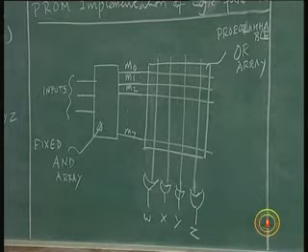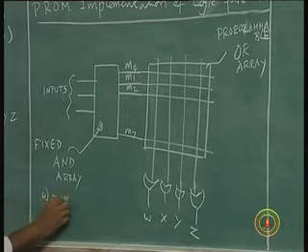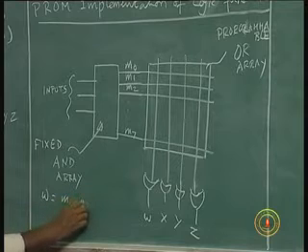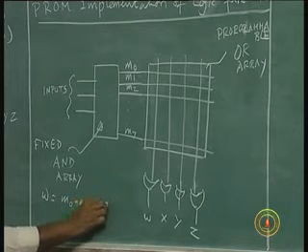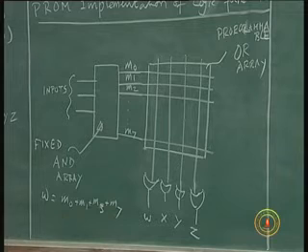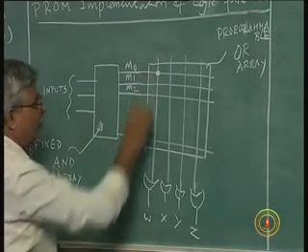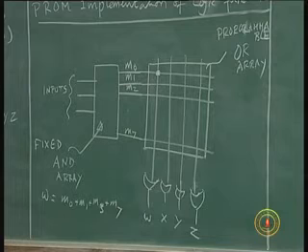For example, W is M0 plus M1 M3 plus M7, as an example. Then I will have to retain this connection. So whenever I find a dot, the connection is retained.